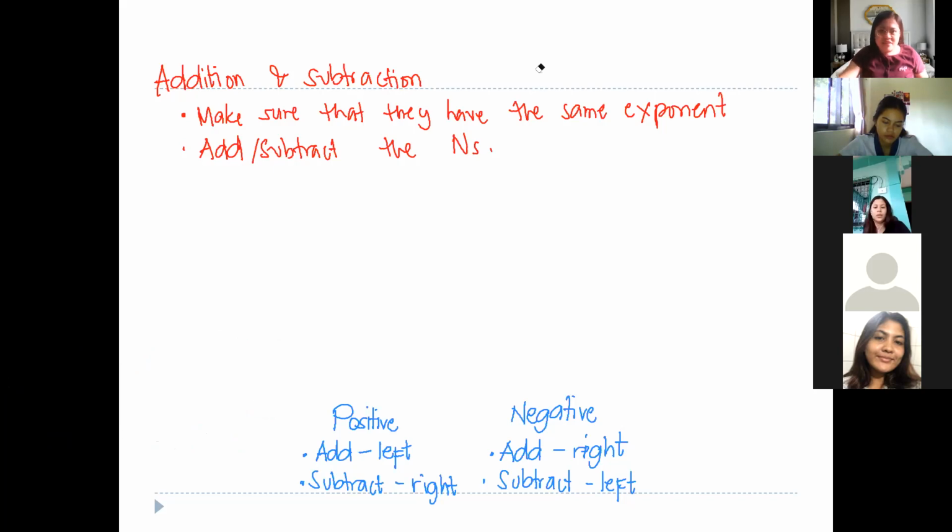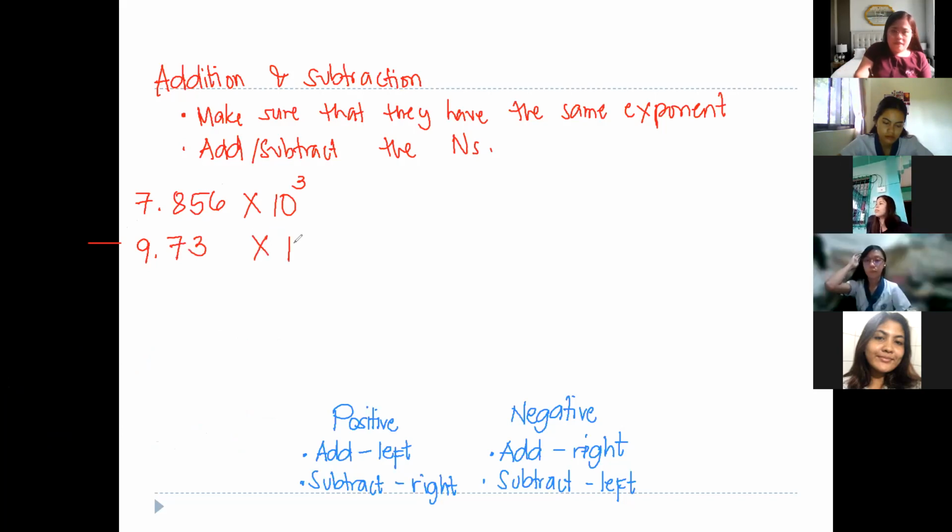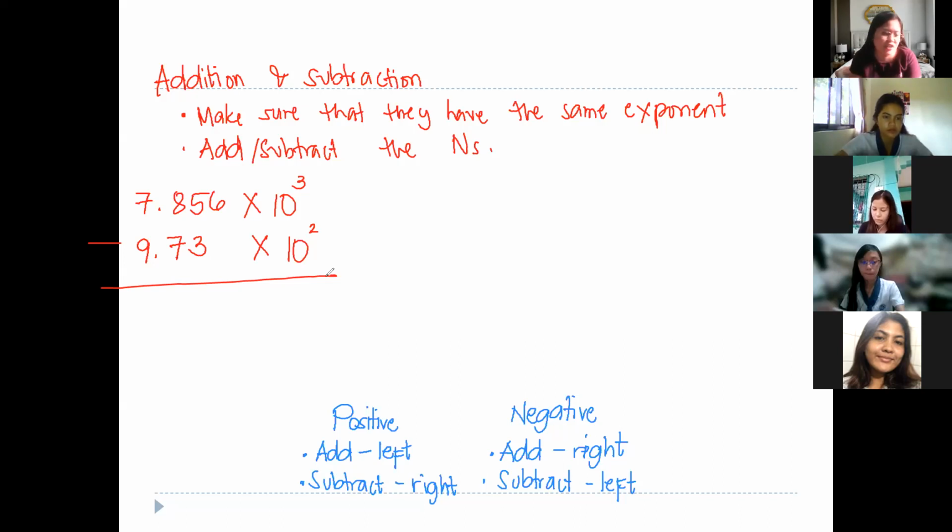Okay, let's do subtraction. You try to solve this. Anyway, the only difference is that it is subtraction.